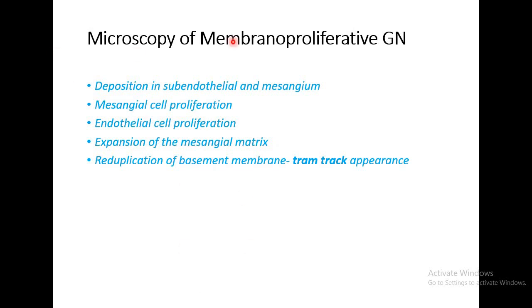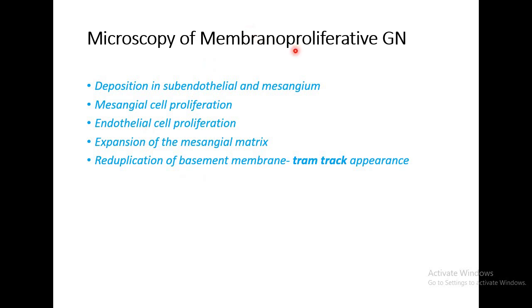So coming to the microscopy of membranoproliferative glomerulonephritis, there will be deposition in the subendothelial region and in the mesangium. So there will be mesangial cell proliferation, there will be endothelial cell proliferation, there will be expansion of the mesangial matrix, and there will be reduplication or double contouring of the basement membrane, leading to what is called the tram track appearance.